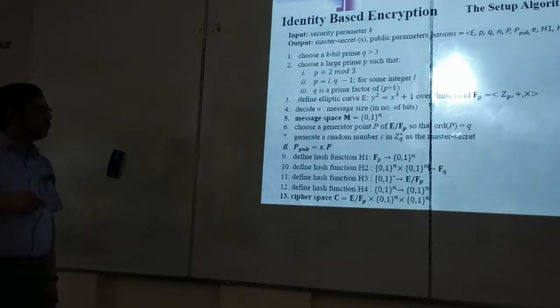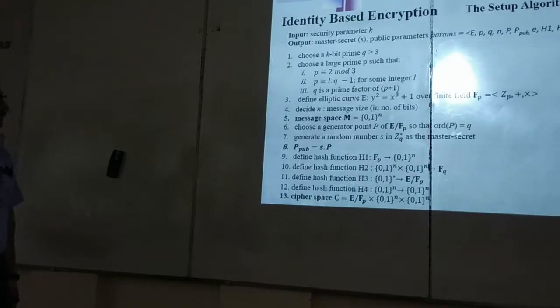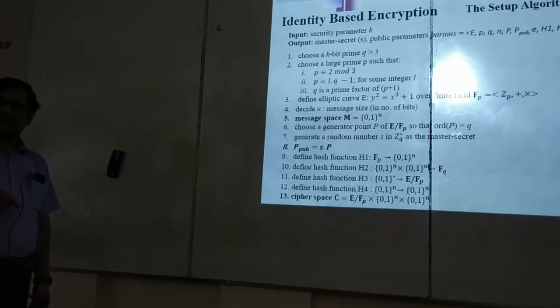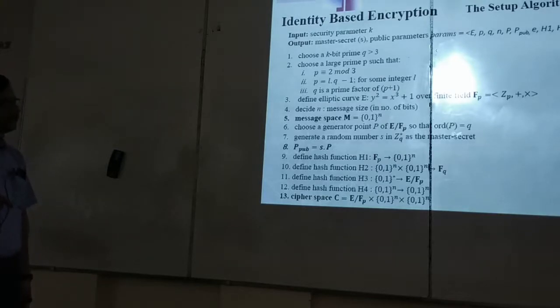Now you choose a generator point P from E over Fp, so that the order of P is equal to q. Already I have stated. Now you take a random number s from Zq star. This is a scalar, remember, an integer only. And then do a point multiplication s dot P. See, I have highlighted here the most important parts, like the message space, this one is important and this one is important.